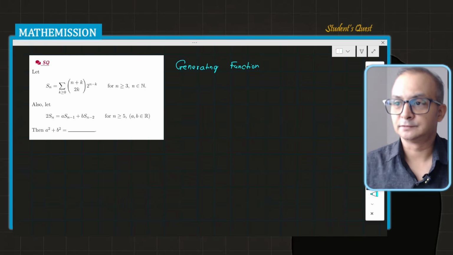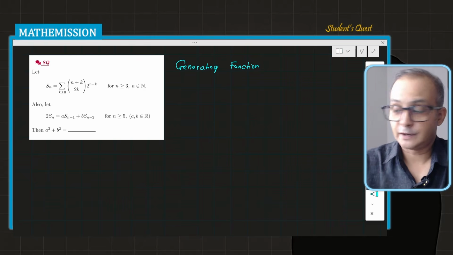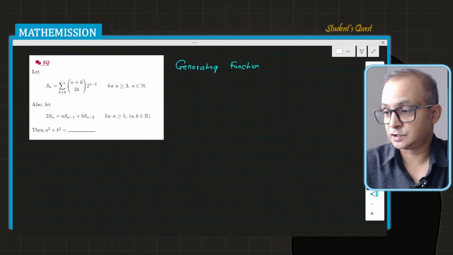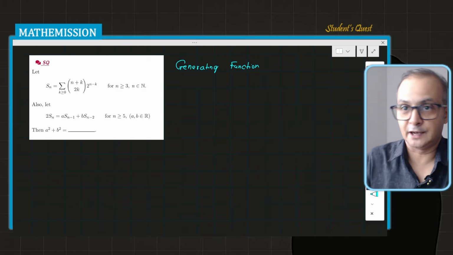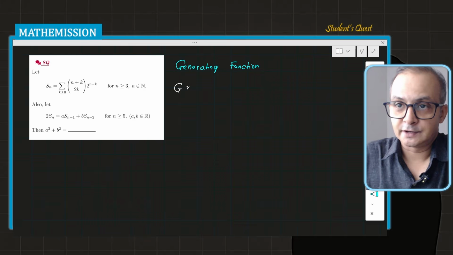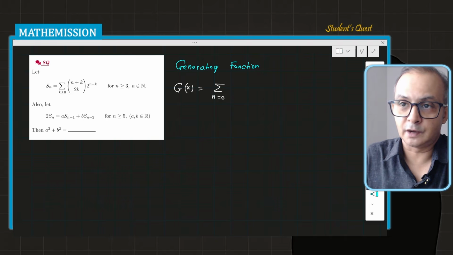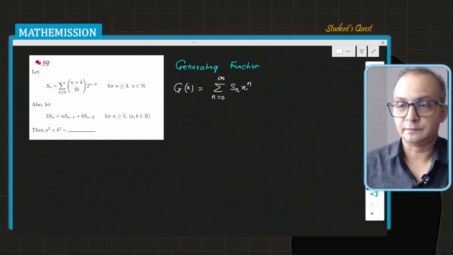So let's deep dive. So the idea of generating function is that, so for that I will refer the note, because many such things are there, so I don't want to mess up with calculation. So let's suppose I am taking the generating function g(x) in such a way that n is going from 0 up to infinity, but I'm calling the Sn as the coefficient of x to the power n.